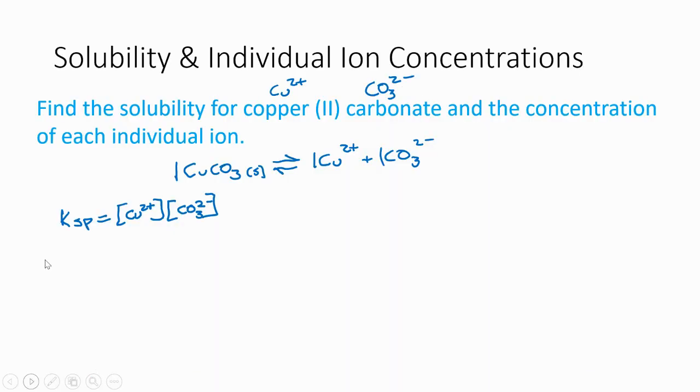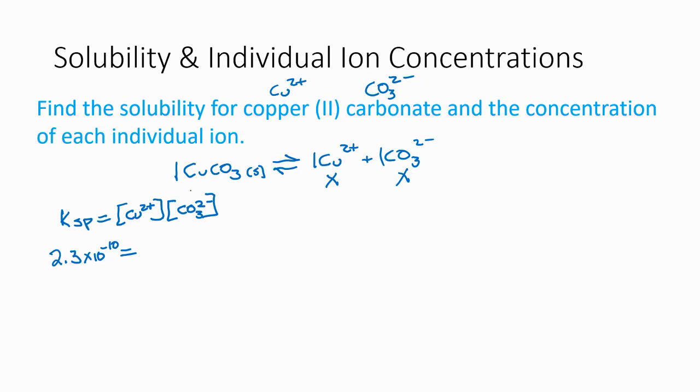So the question then becomes, okay, I can plug this in for my KSP, but what does that actually equal? Well, we know that some ions are going to be produced in solution. We don't know exactly how many ions are going to be produced in solution. So we would say that X of this is going to be made and X of this is going to be made. That's because they're in a 1-to-1 ratio.